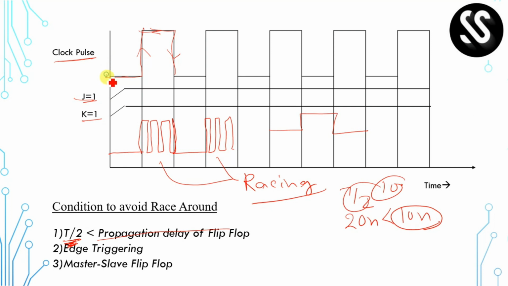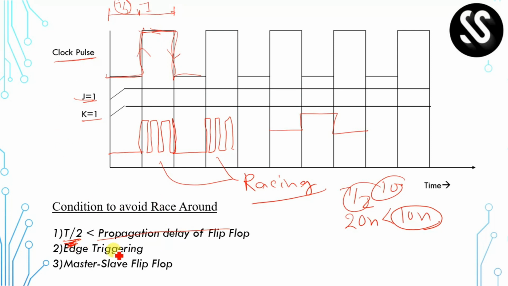So if this is the time period T, half is here, this is T by 2, and this time should be less than the propagation delay of the flip-flop.